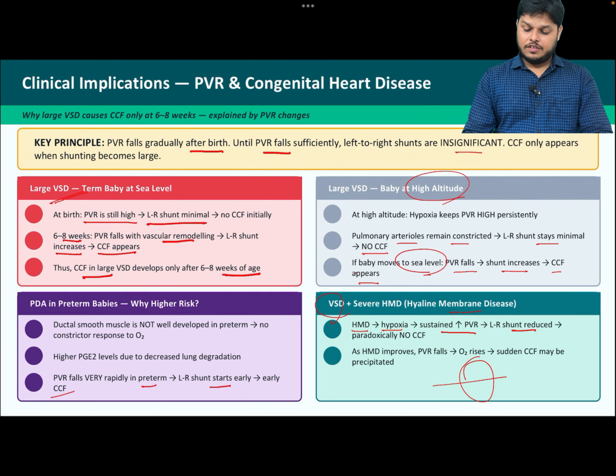Whenever there is a VSD, there will be left to right shunt. This is the left ventricle, this is the right ventricle, this is the VSD. The blood will come from the left ventricle to the right ventricle via the VSD, but here the resistance is very high, due to hypoxia vasoconstriction. So as the hyaline membrane disease improves, the PVR falls, oxygen rises, and sudden CCF may appear.